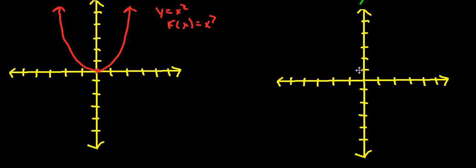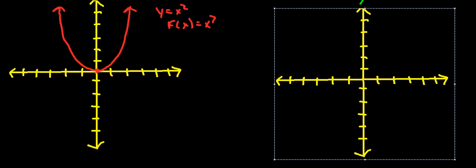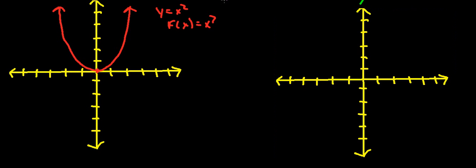So now if we wanted to transform this function, we have y is equal to x minus 2 squared plus 1, or f of x is equal to x minus 2 squared plus 1.